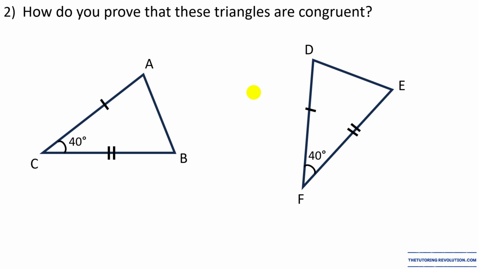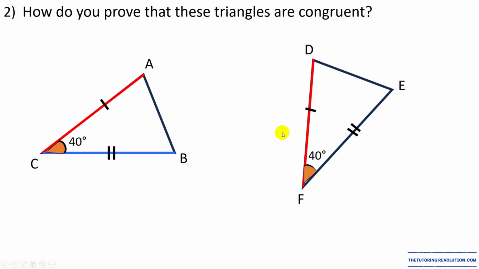In this second problem, they ask, how do you prove that these triangles are congruent? Now, this time I don't see three sides in common, but I see that this side here, AC, is congruent with this side in the other triangle, DF, that this angle 40 is congruent with this 40 degrees on the other triangle.